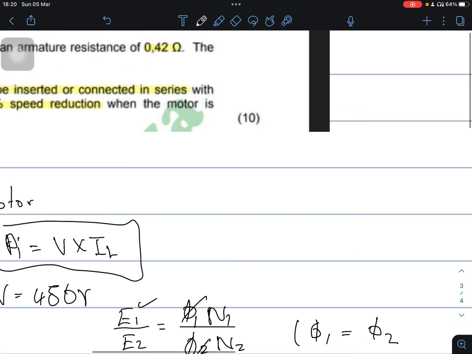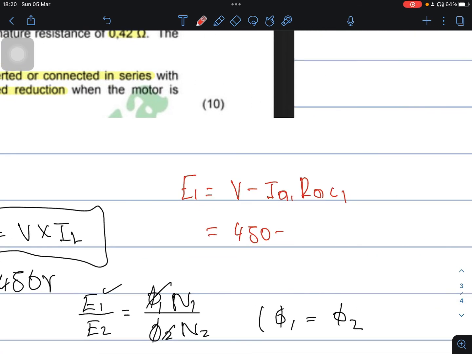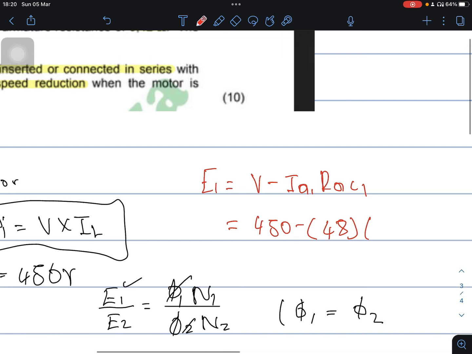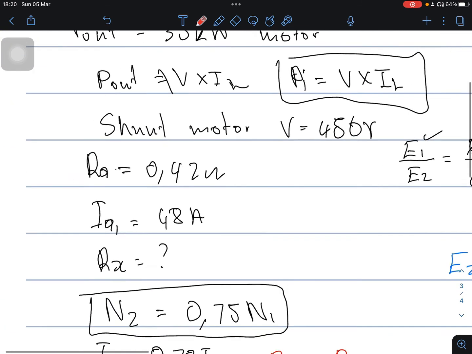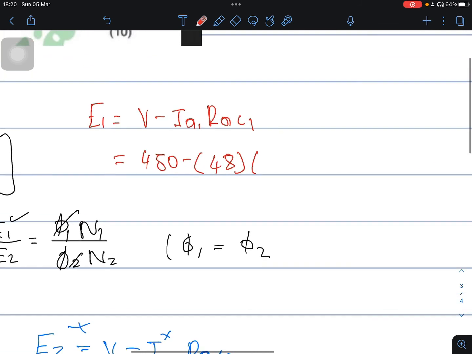So E1 is equal to V minus IA1 RAC1, which is 450 minus the armature current, 48, times the resistance, because RAC1 is equal to RA. It is not a problem, which is 0.42.